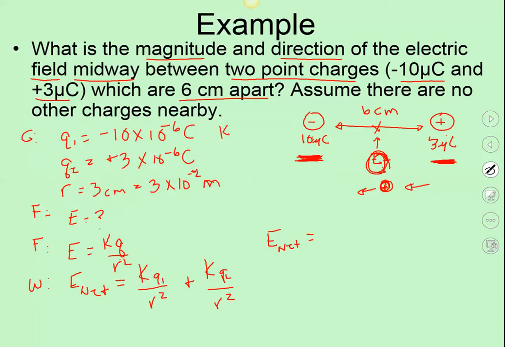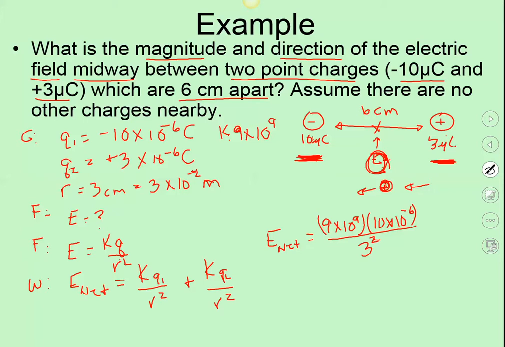Well, K was 9 times 10 to the 9th, or 8.99 times 10 to the 9th, use whatever constant is given to you. So I have 9 times 10 to the 9th times 10, remember, do not stick those signs in there, times 10 to the negative 6th all over 3 squared.